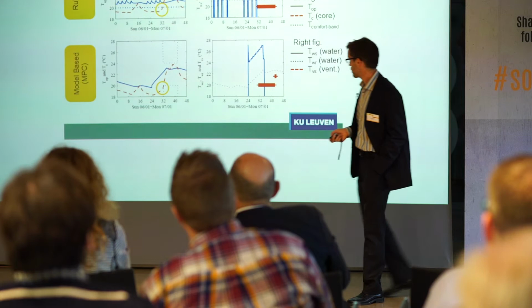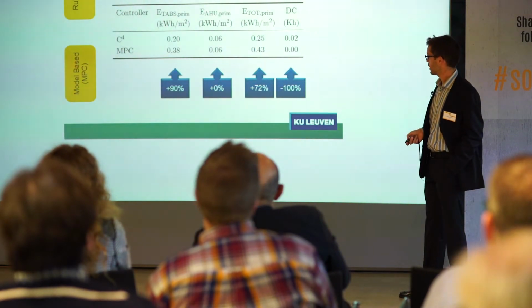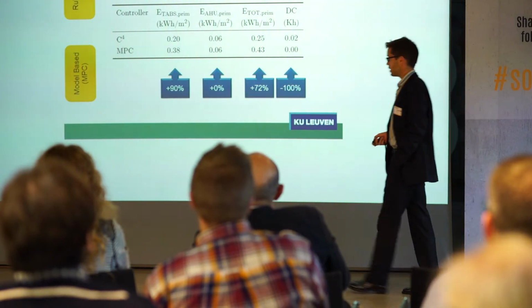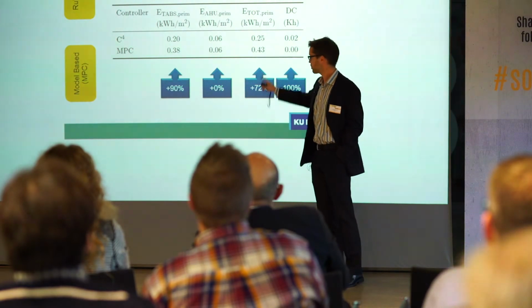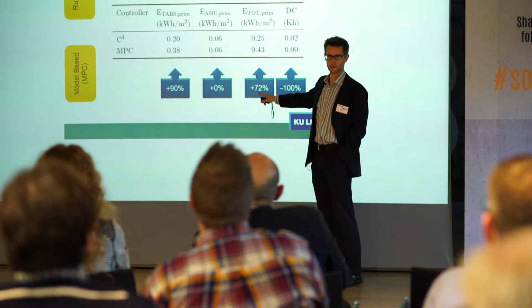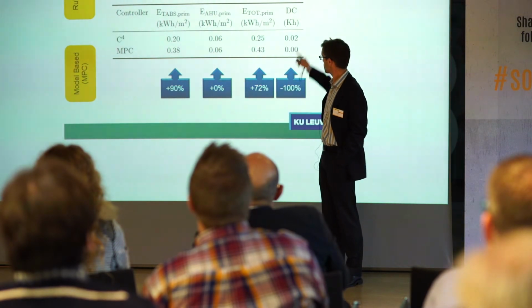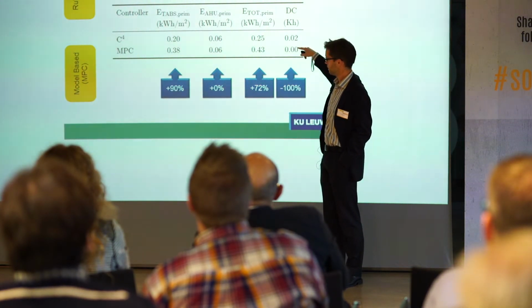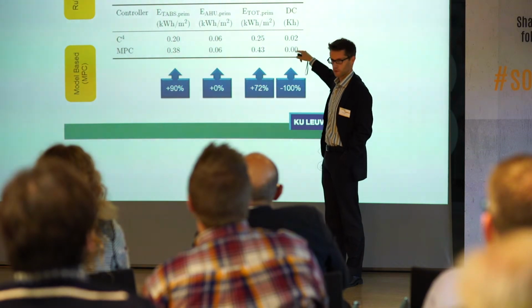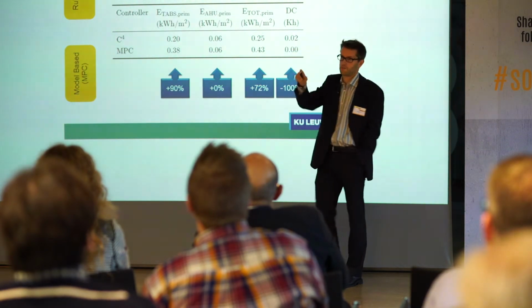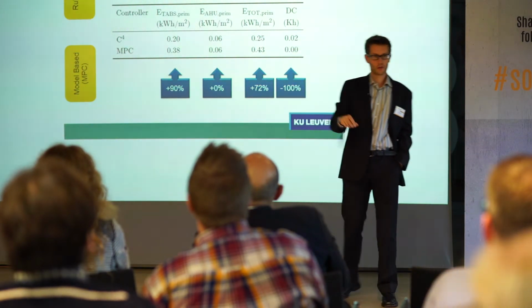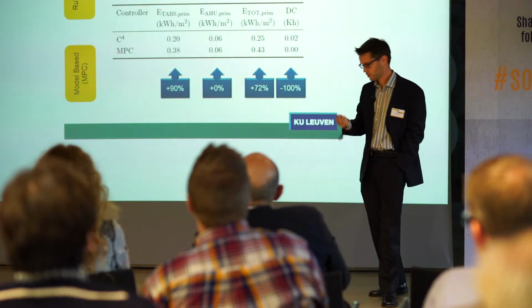Does it help for energy? Well, in this case, no, because the MPC controller uses 72% more energy than the rule-based controller, but it is able to decrease the discomfort completely. Of course, that's the option you have with the turning knob to choose between energy and comfort.